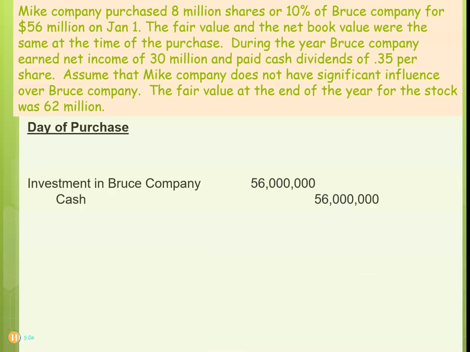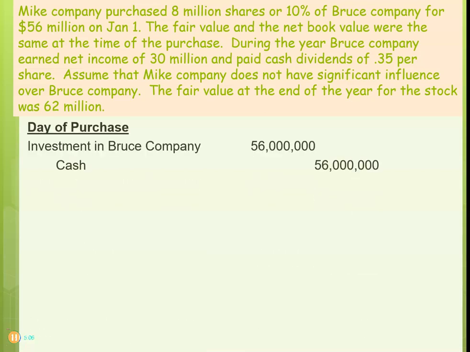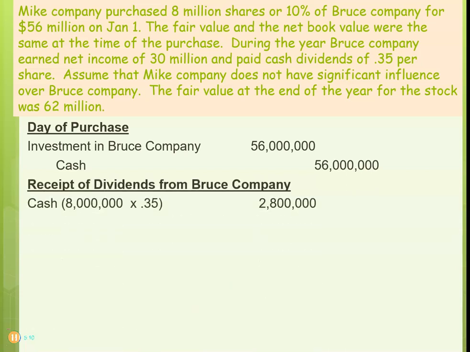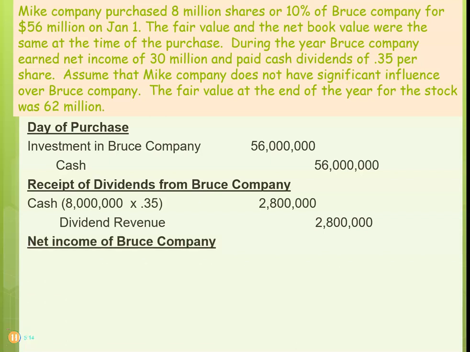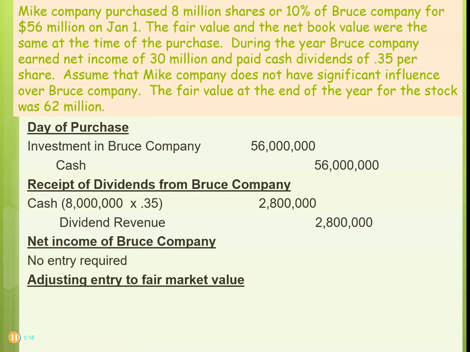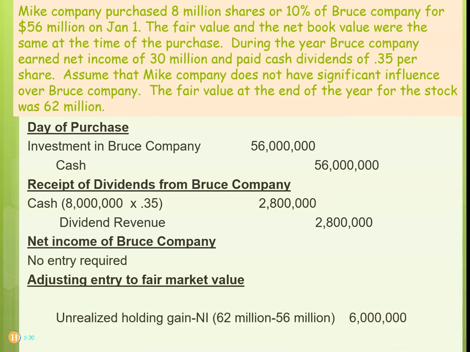Now, date of the purchase, it would be investment in Bruce Company, cash. Receipt of the dividends, it would be cash, dividend revenue. The net income we would ignore from the sub, and we would have to adjust to fair market value, which would be your unrealized holding gain and fair value adjustment. So it's the $62 million minus the $56 million that we paid.